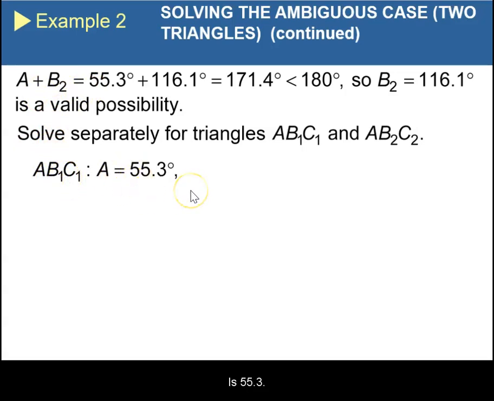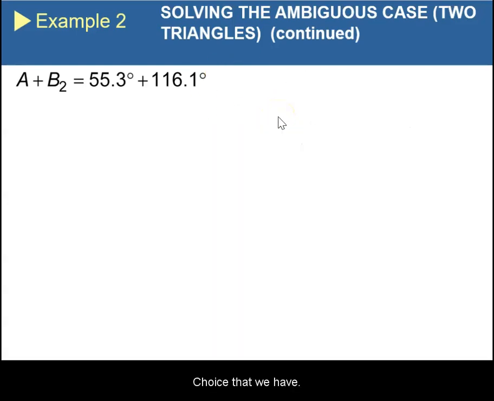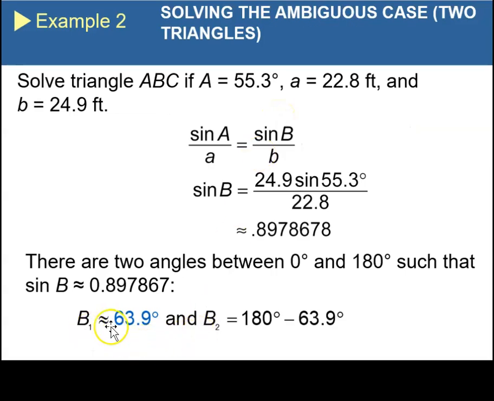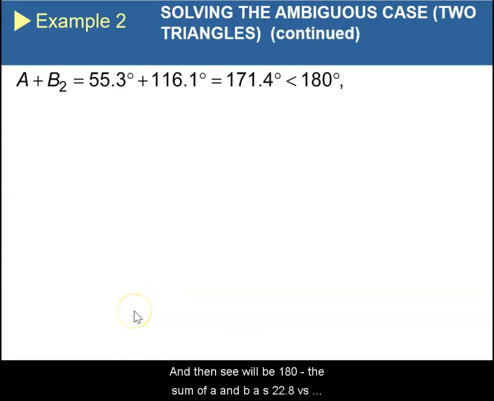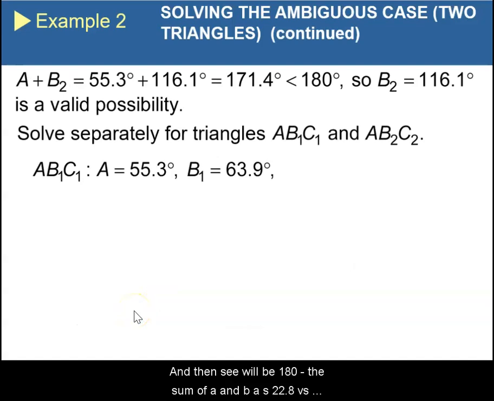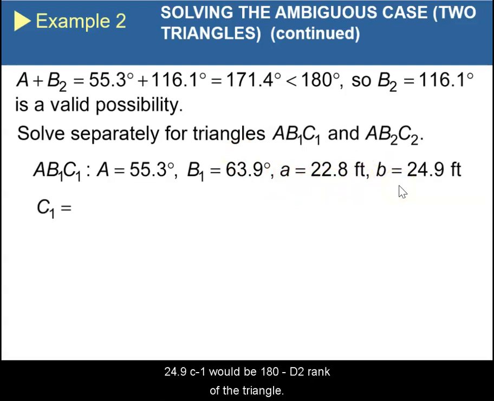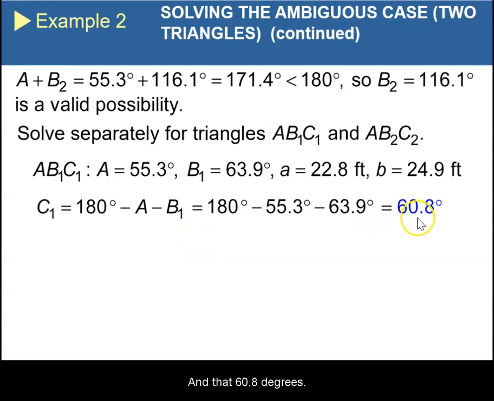A is 55.3, B is 63.9, that first choice that we had, right? And then C will be 180 minus the sum of A and B, okay? a is 22.8, b is 24.9, C1 would be 180 minus these two, right? Because the triangle has to be 180 degrees, and that's 60.8 degrees, right?